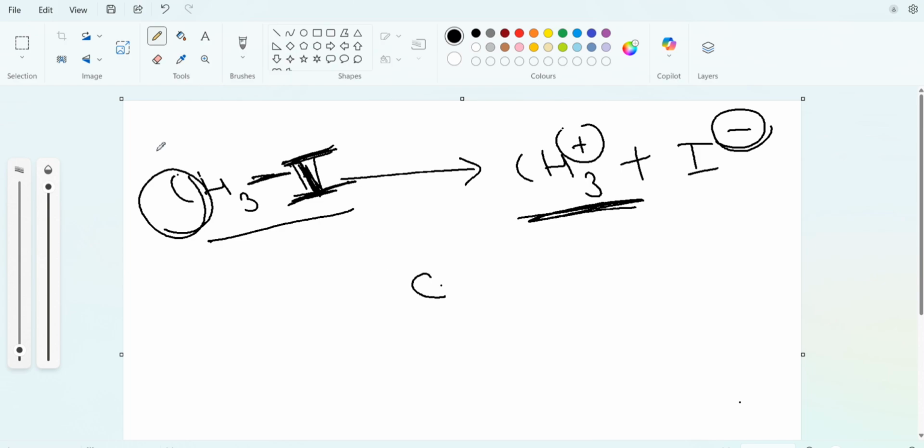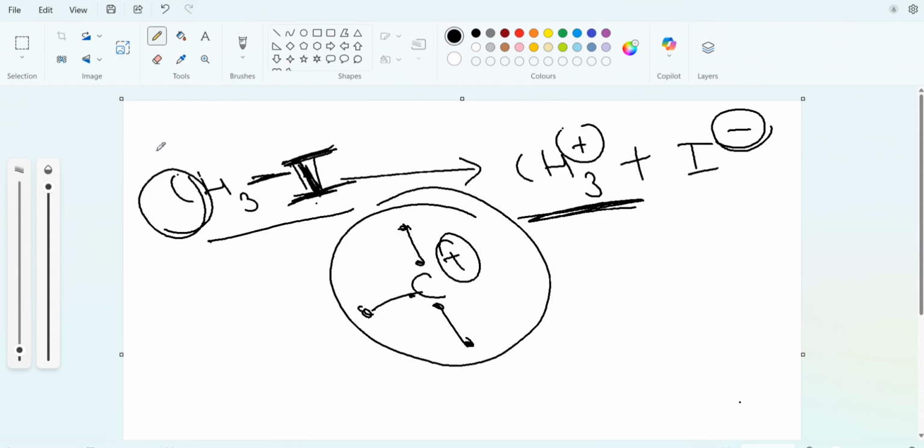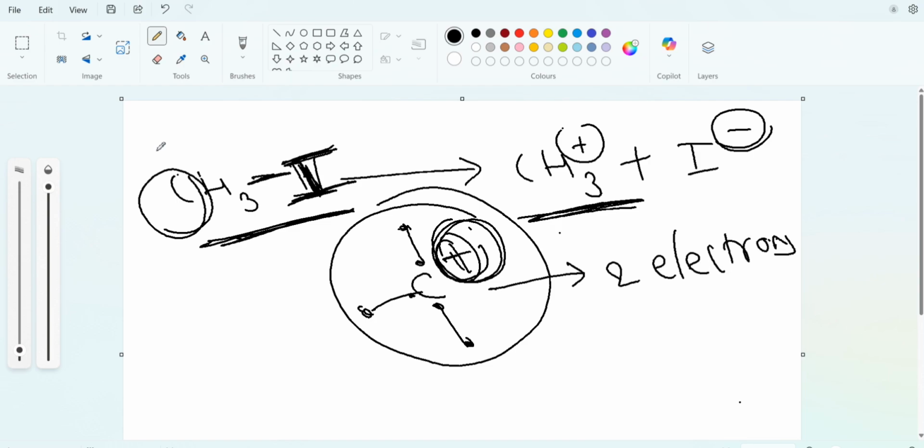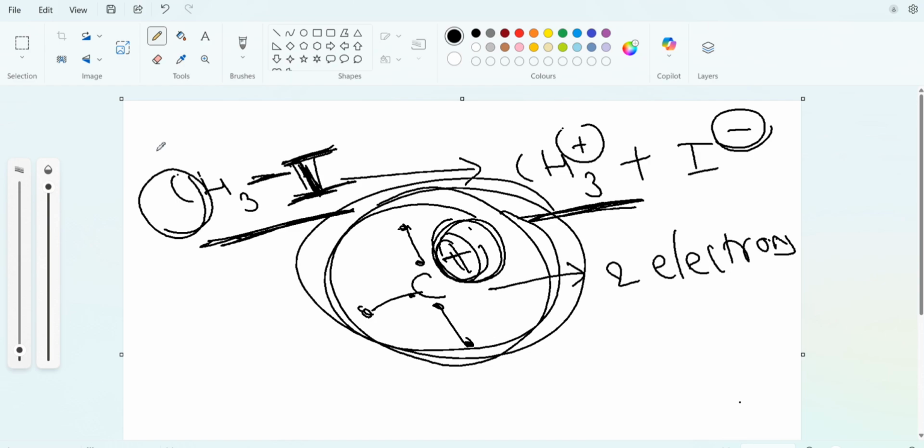So the carbon has only 6 electrons remaining in the outermost shell. Understand why it is called a carbocation? The positive charge remains on the carbon after losing 2 electrons, so it is called a carbocation, and it has 6 electrons in the outermost shell.